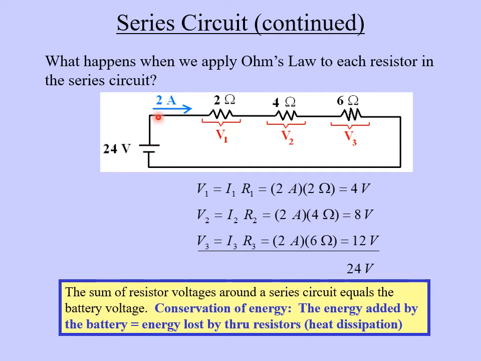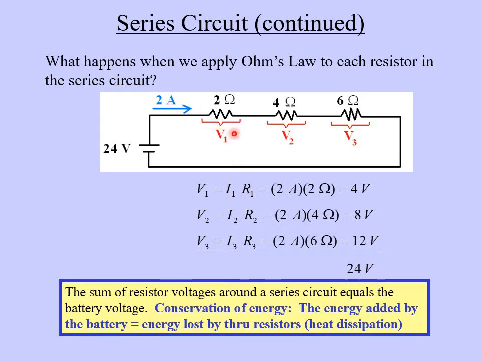Now remember, we figured out that there's 2 amps of current flowing through all of these resistances. So let's apply Ohm's law to this first resistor here. We're going to call this voltage across this resistance V1. So V1 is equal to I1 times R1.